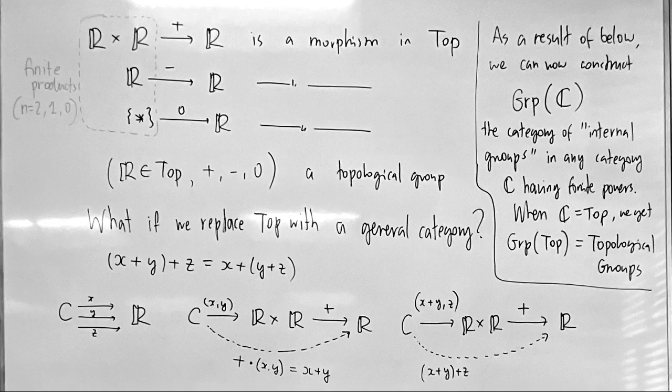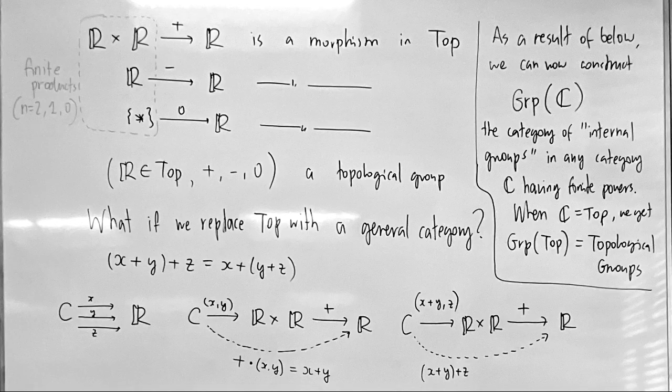Can we turn this, which is an equation inside R, but now R is a set, and so we can talk about its elements. We now want to talk about this equation without knowing that R is a set. We just know that R is some object in an abstract category. So we want to switch from elements to arrows.